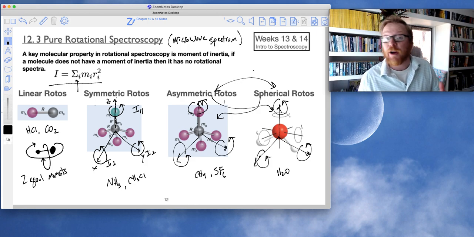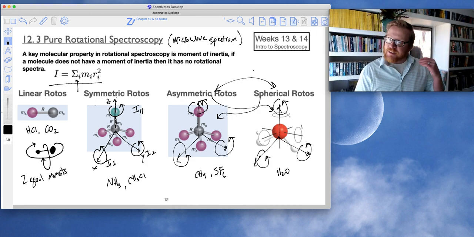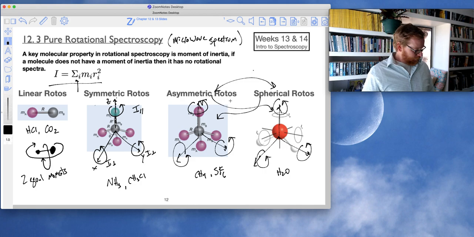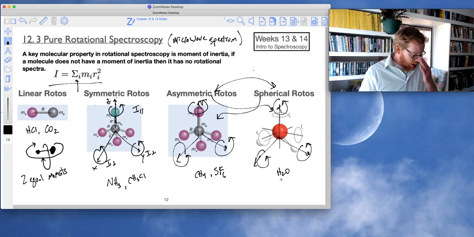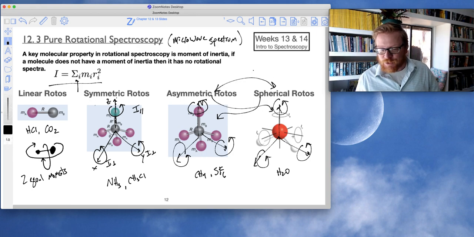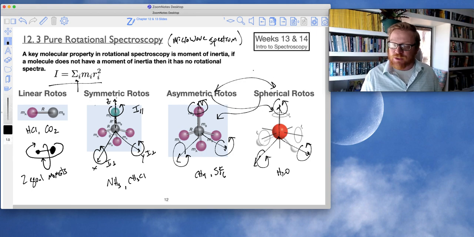So we can use a microwave frequency to stimulate a rotation. And that's exactly what your microwave does to heat up food. It actually causes H2O to rotate. And in a condensed medium, molecules don't like to rotate when they're liquids or solids, so it builds up a lot of excess heat.